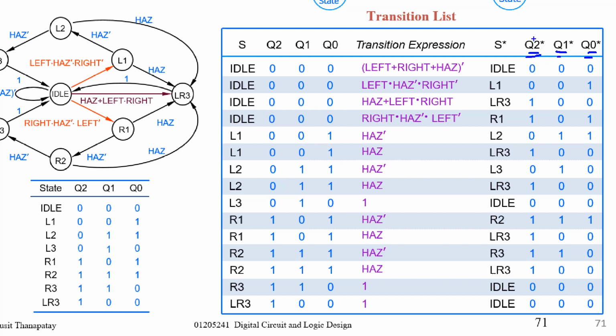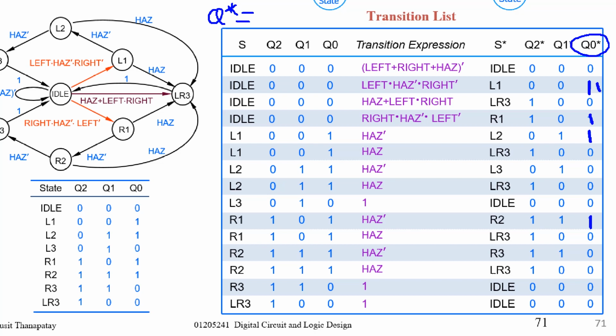Q star means the next value, after the clock, for each state variable. For example, Q0 star. If you want to find the equation for Q0 star, Q0 star equals something. You consider only the logic 1 value of Q0 star.